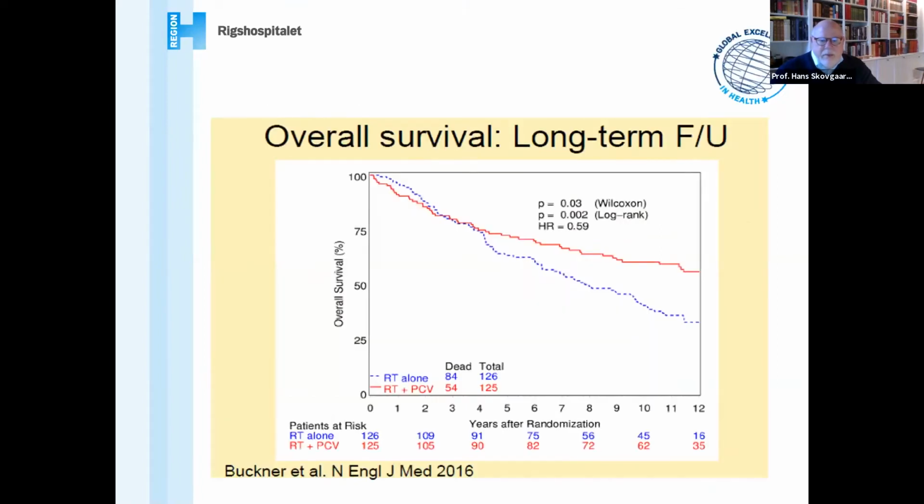But what you can see here, if you're looking at this slide, if they got RT alone, that's the blue line, and RT plus PCV. After 3 years, these two curves divide, and it's quite significant that if you upfront give these tumors radiation plus chemotherapy, they do much better than if you give them radiation alone.